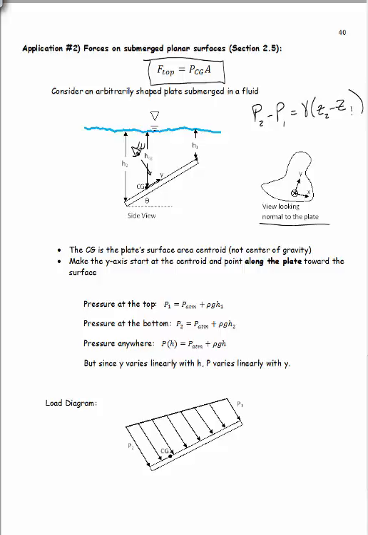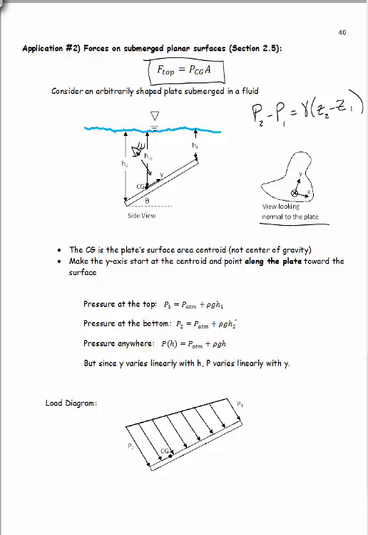Our Z2 minus Z1 is just H1. All right, so what we have is the pressure here, P1, plus rho G times this H value, and that is going to give us the pressure at the top. We could do the same thing at the bottom and just use H2.